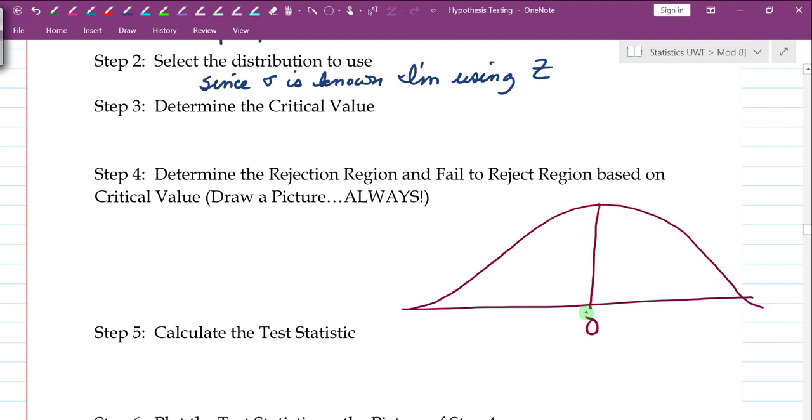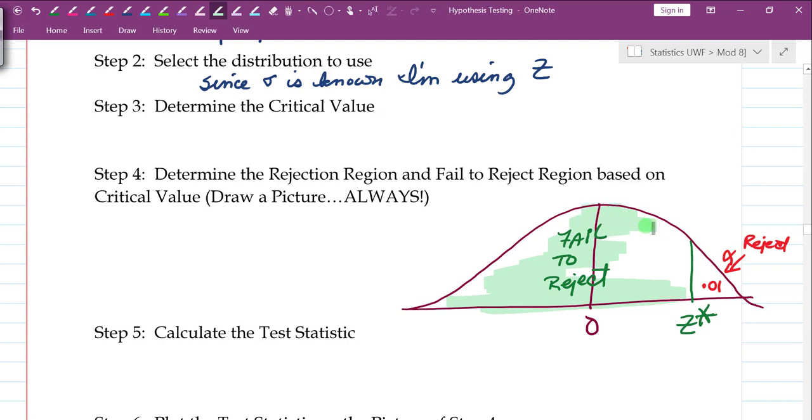We're going to put our z star right here on the right hand side, and we're going to put all of alpha right in here at 0.01. It's all of alpha right in there, and this is our reject. And right in here is our fail to reject. So we'll highlight all of this green. Get out your colored pencils and highlight.